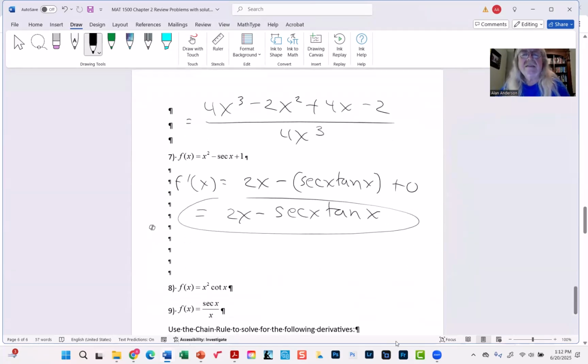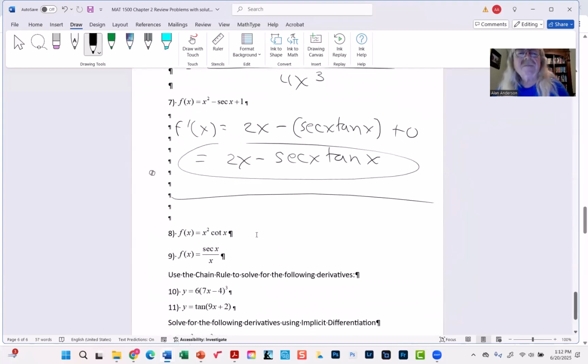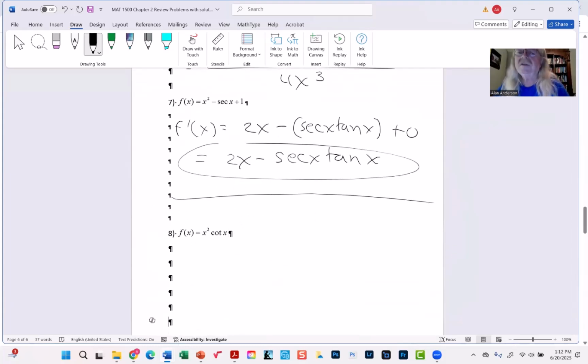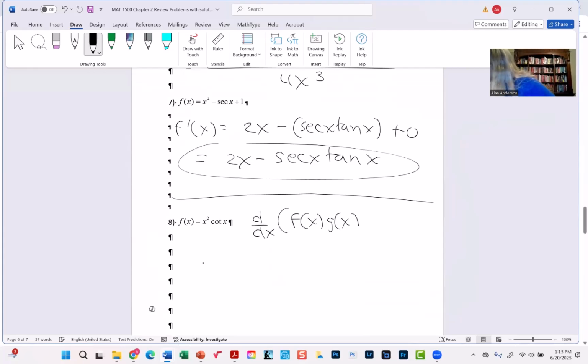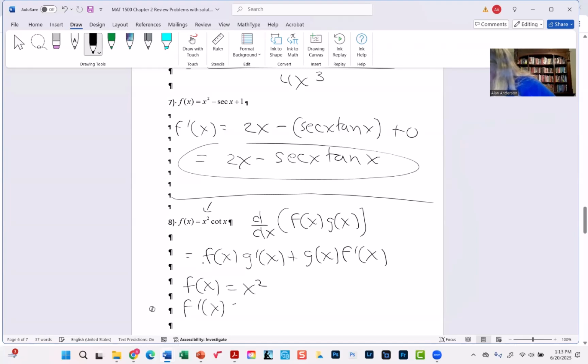All right. Now this next one is even going to be a bit messier because not only does it involve a trig function, but it involves the product rule. Wow. All right. So let's see what we can do with this one. So f of x is x squared, so based on the power rule, f prime of x is 2x.